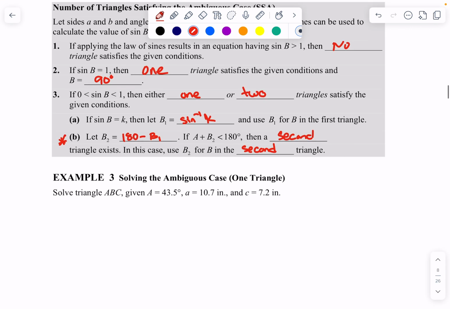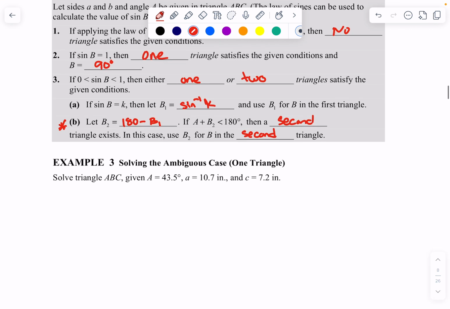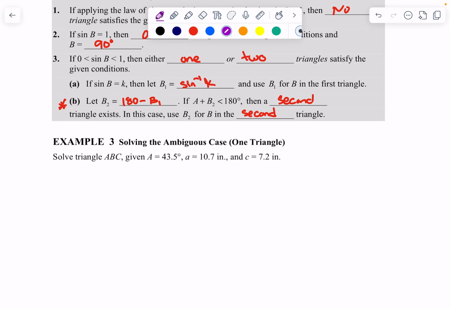So as we take a look at example 3, given that A is 43.5 degrees, a is 10.7, and c is 7.2. So again, I'm going to make my sketch. I'm going to call this angle A, which makes this 43.5 degrees, which makes this 10.7.